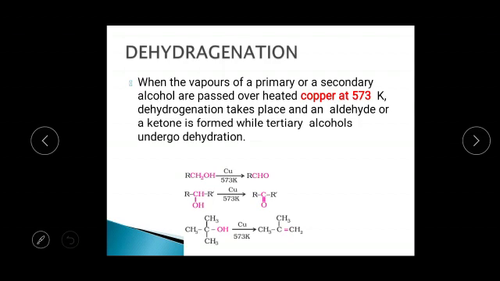Primary alcohol produces aldehyde, secondary alcohol produces ketone, and tertiary alcohol gives alkene.